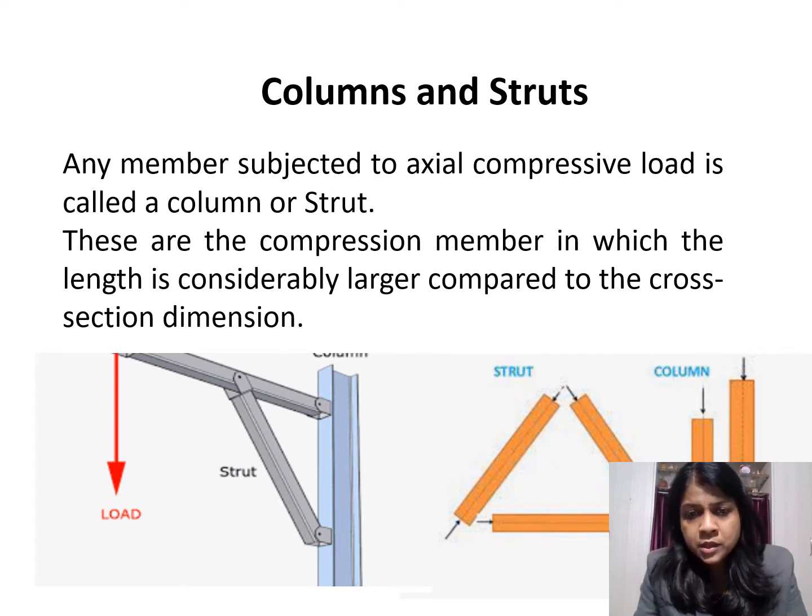So all these short columns are called struts. Once again I am trying to make clear that struts are also columns, but struts are inclined and horizontal, whereas columns are only vertical.